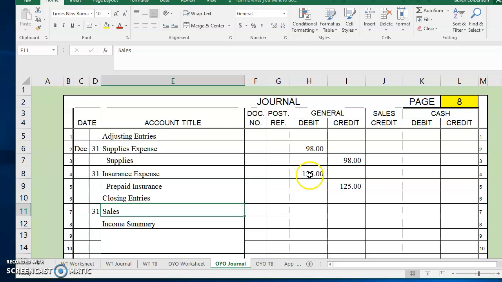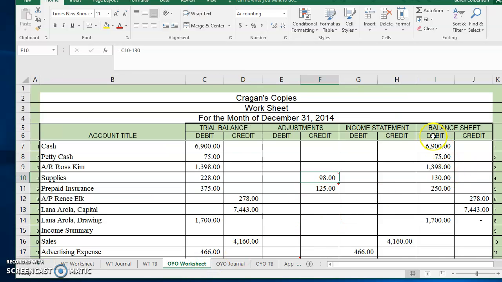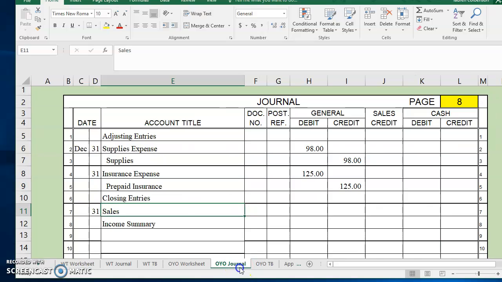Now, as you know, sales has a normal credit balance. When we sell something, we credit sales. So to close it out, we would need to debit it to get it down to 0. The reason we want to do that is so when we start the new month, we can start with a 0 balance. So our sales would be debited for $4,160, and our income summary would be credited for $4,160.